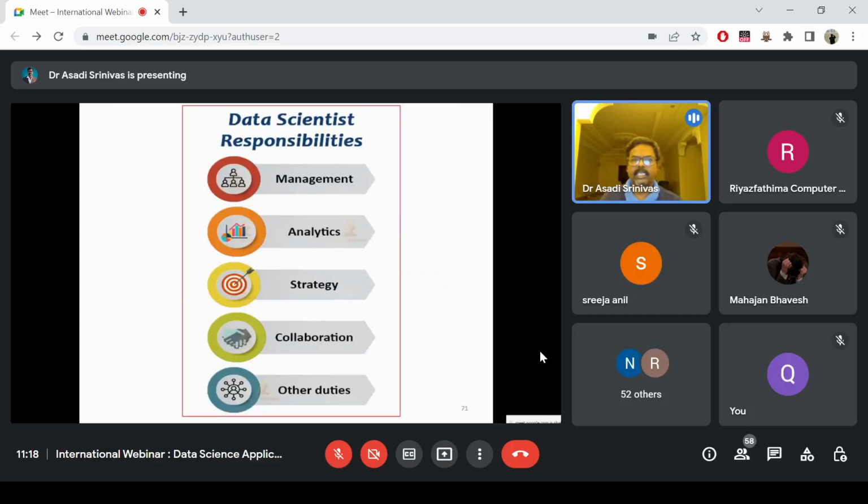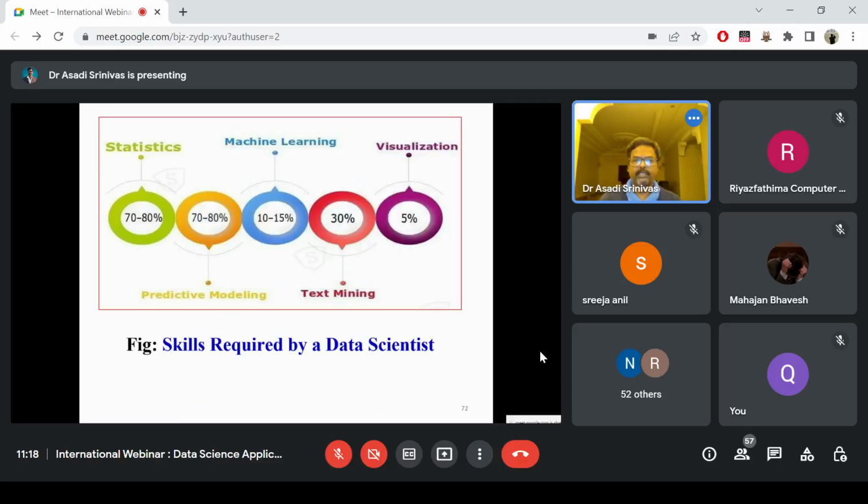And these are the data scientist responsibilities: managing huge volumes of data, generating analytics, applying various strategies, collaborating with other institutes and organizations, and performing remaining other duties. So skills required by a data scientist, especially 70 to 80% statistics knowledge, 70 to 80% predictive modeling, and 10 to 15% machine learning concepts, text mining 30%, and visualization 5%.